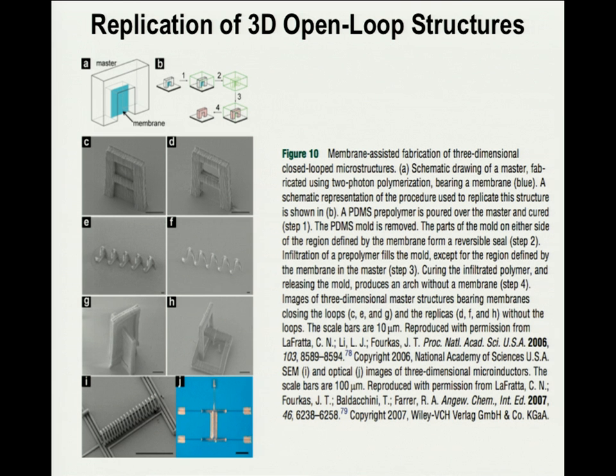Then when you inject a polymer into the master, the area of the stamp around the membrane will seal up by van der Waals forces and exclude the prepolymer from going in there. So that way you can get these little windows. So you can make the letter A, make these solenoids, make these interlocking rings. Here they're standing up, but then without the membrane they fall over. You can make these inductor type structures using this process.